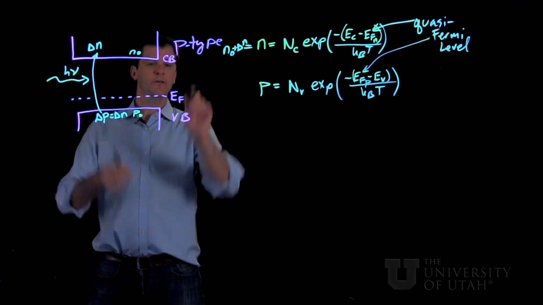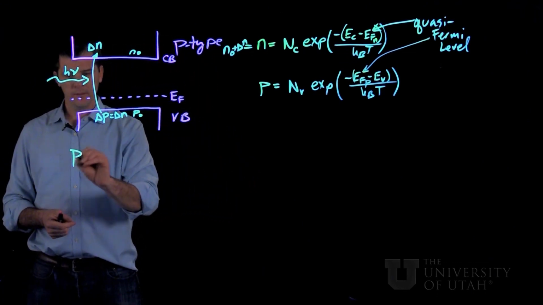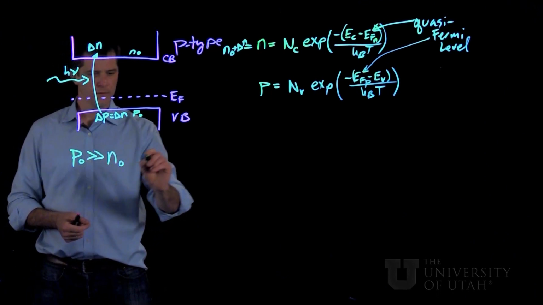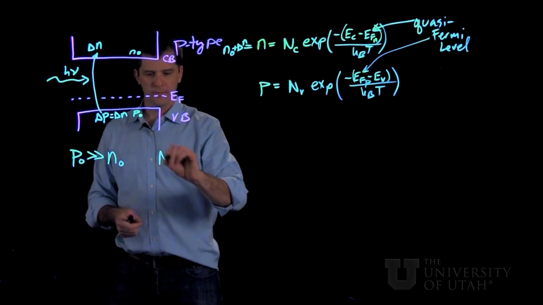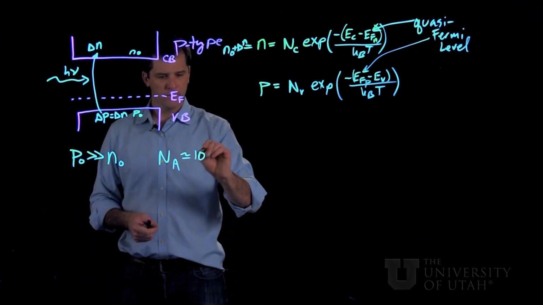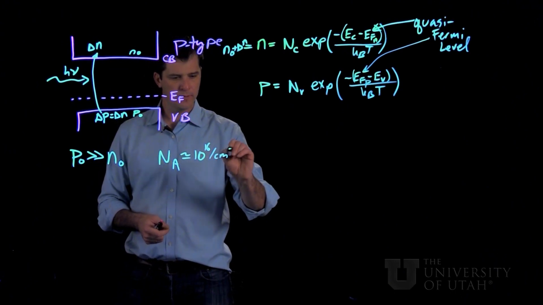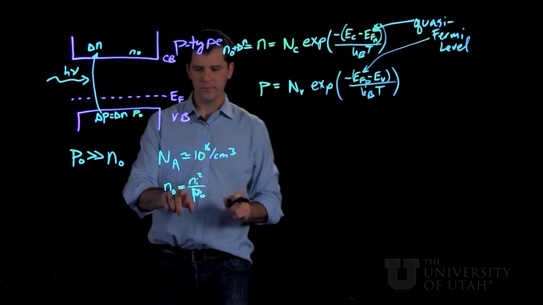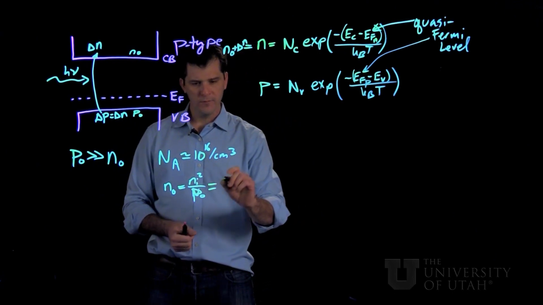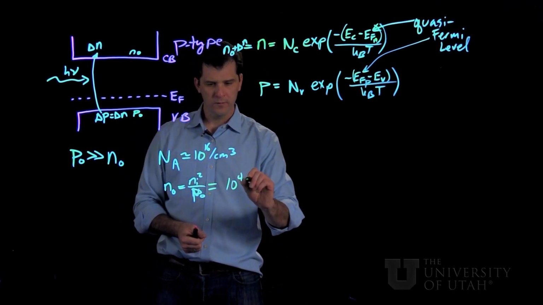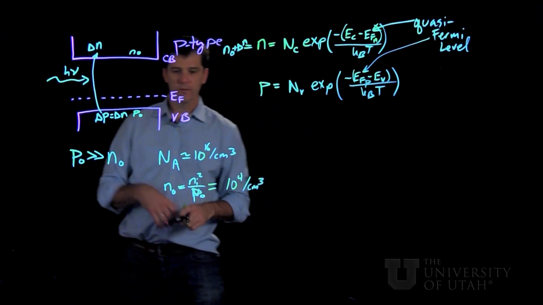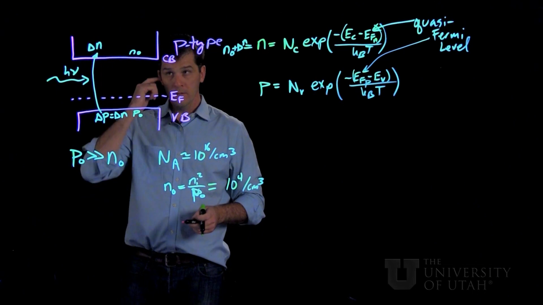If it's a p-type material, we know that p naught is much greater than n naught. So for example, if we have number of acceptors equal to 10 to the 16 per cubic centimeter, if we use this relation, the n naught p naught product has to be constant, we find out that there's 10 to the 4 per cubic centimeter of the electrons. So there's so many more.